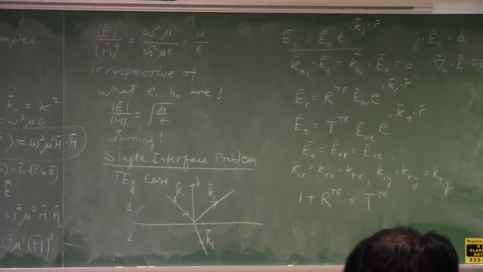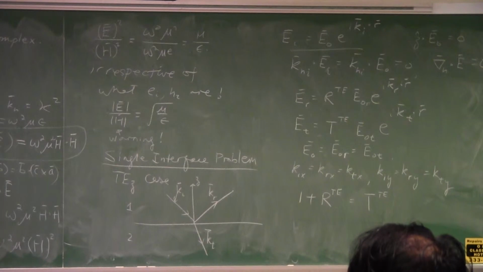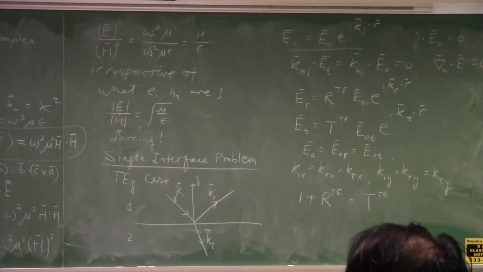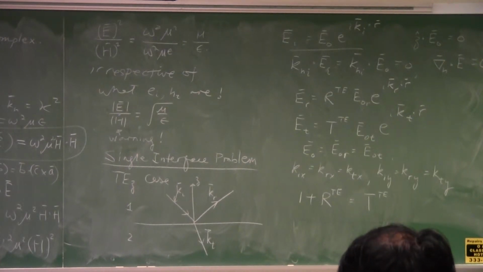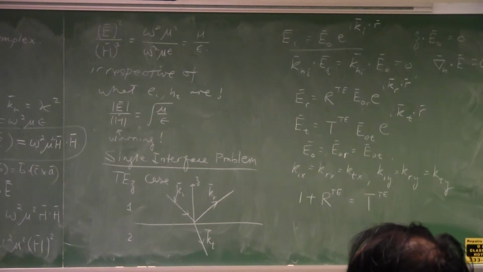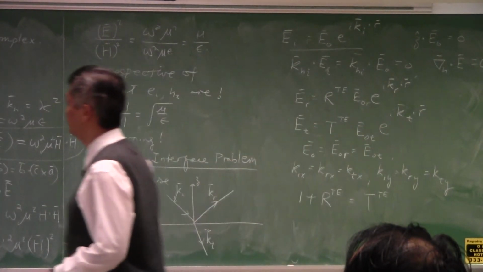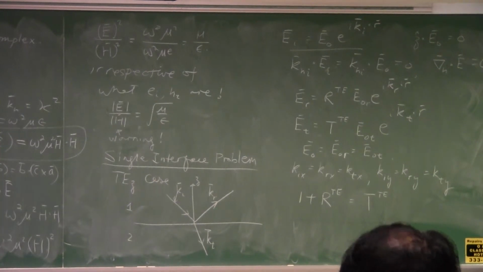And then the second term, which is the reflected term, I find the corresponding magnetic field will be KRE cross E naught over omega mu 2 e to the I KR dot R. That is the one that corresponds to that term, and then I have H2.